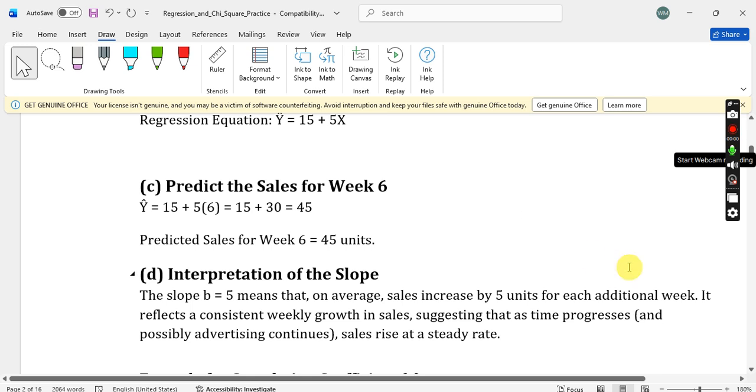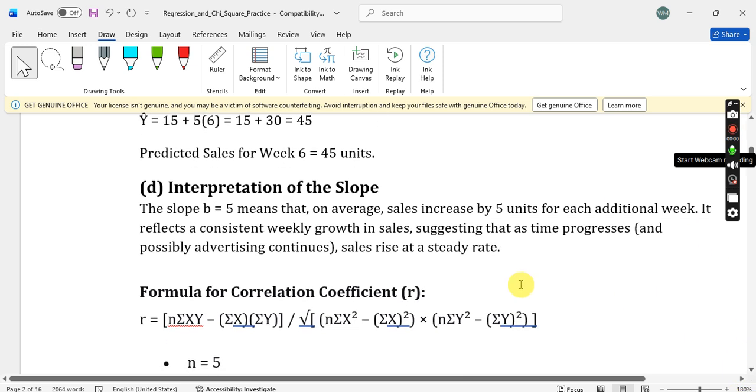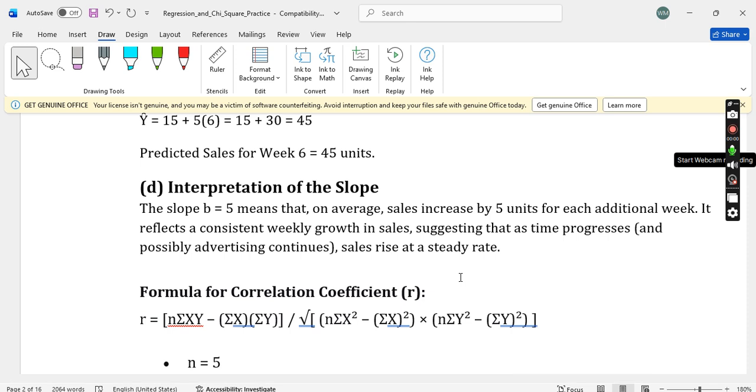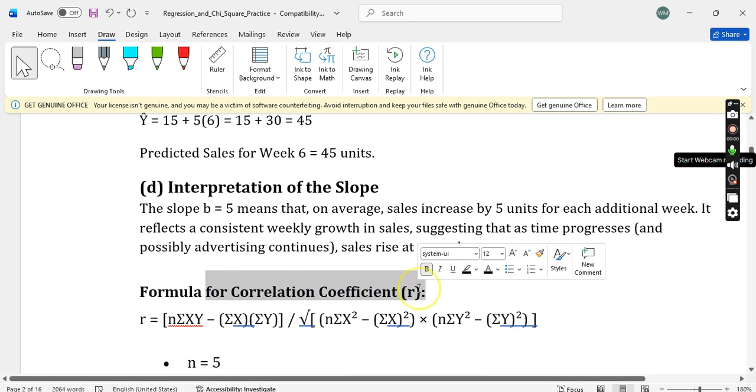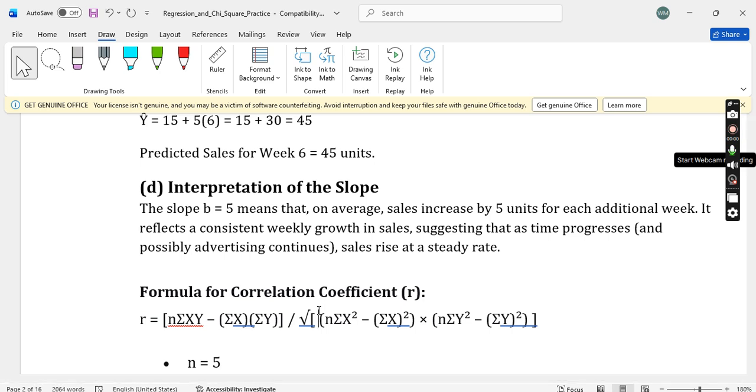Okay, next we want to find out how strong this relationship is between the sales and the weeks. This is where the correlation coefficient comes in. Anything less than 1 is not perfectly strong, but the closer you get to 1, the stronger the relationship.